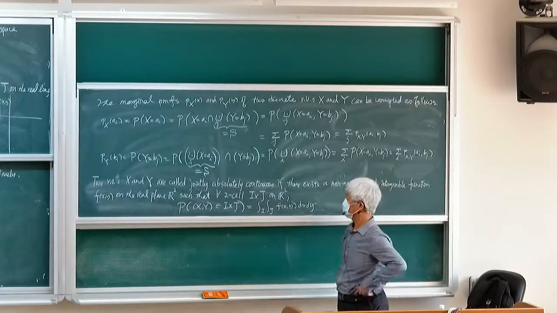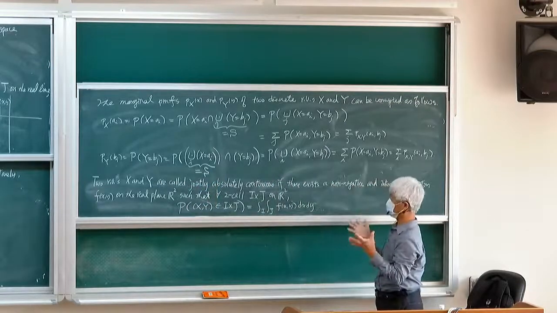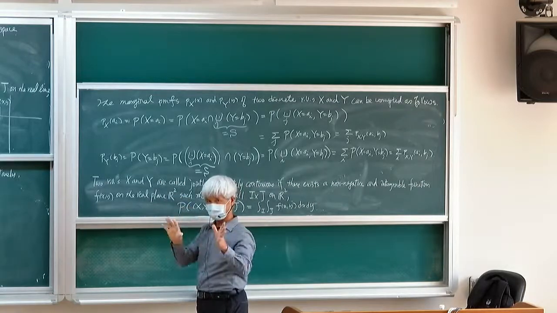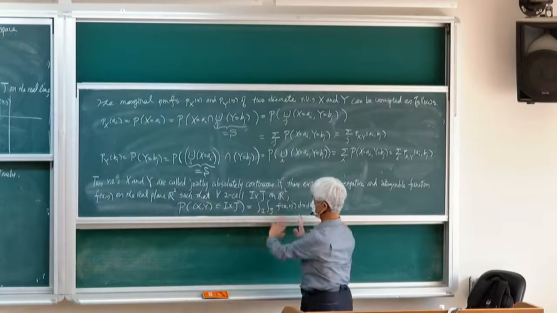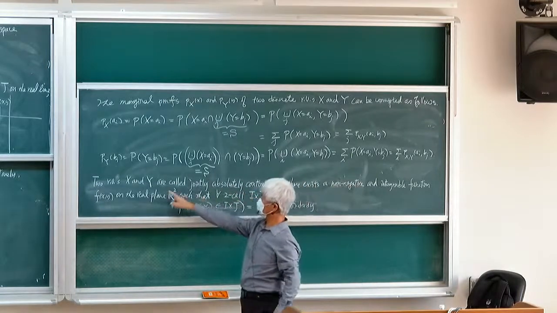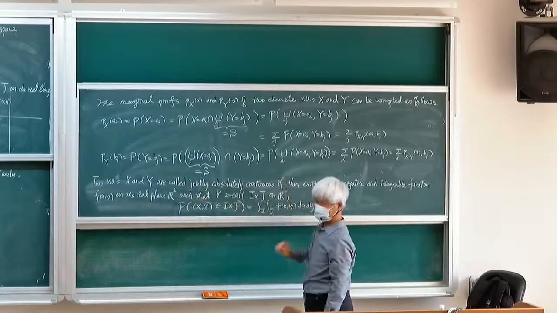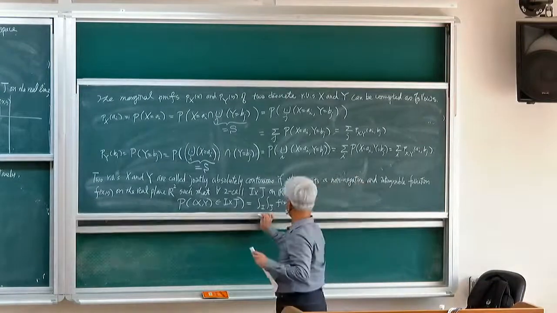So if we can find a non-negative and integrable function on R^2 such that this is true, then we say these two random variables are jointly absolutely continuous.